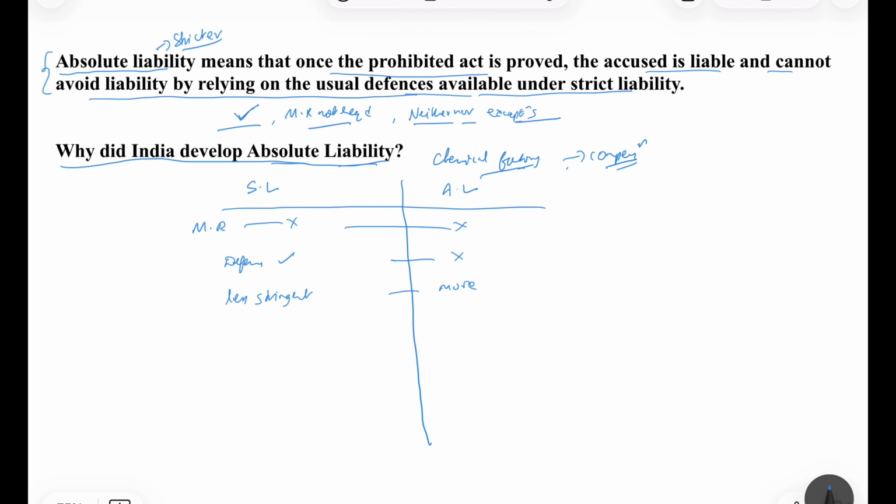Absolute liability is more stringent. Next, strict liability applies to many regulatory offenses, but absolute liability mainly applies in India, with respect to hazardous industries which are inherently dangerous.